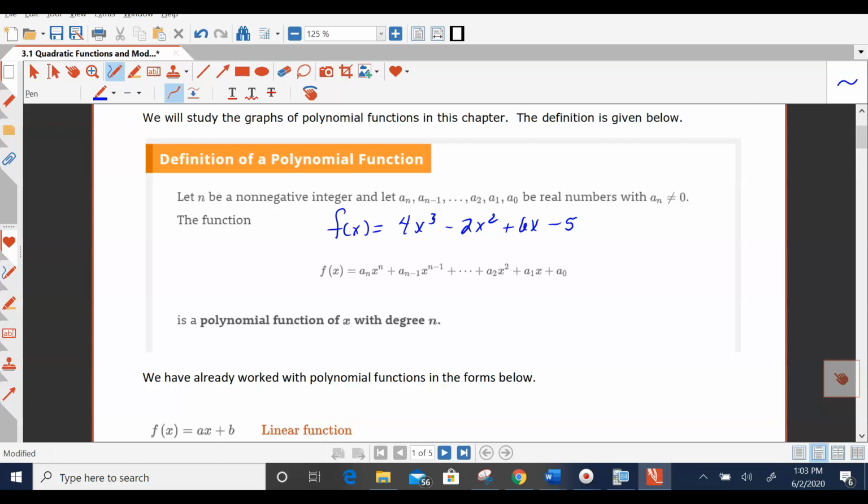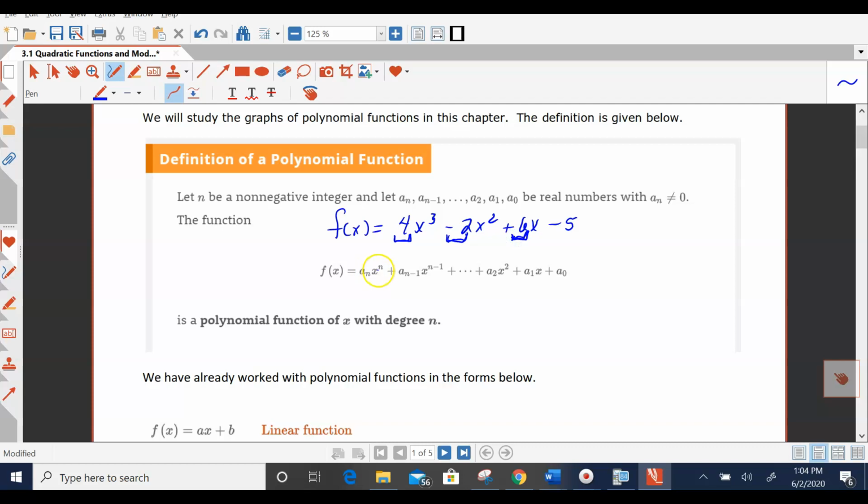And what you notice about polynomial functions is that these guys here are your coefficients on your variables. And in the definition, the a sub n minus 1, and so on, that's just the way we can mathematically represent that we have coefficients in front of our variables.